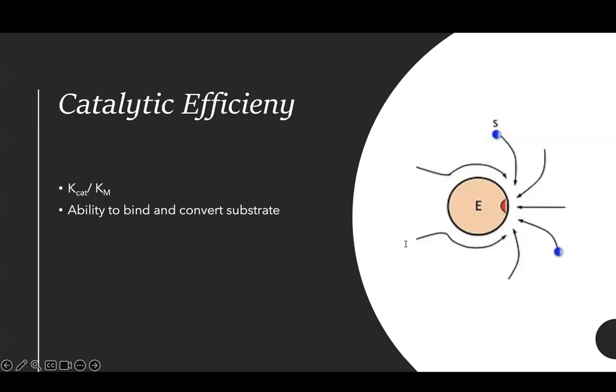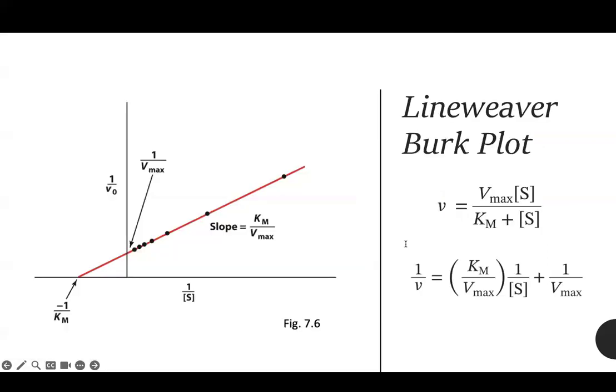Now if we take all of this information, all of these constants, and plot them in a linear fashion, we get the Lineweaver-Burk plot. Again, this linearizes all the data we just talked about. If we take the reciprocal of both sides, we can get a regular slope equation. So if you think of y equals mx plus b, 1 over v, the reciprocal of the velocity, would be y.